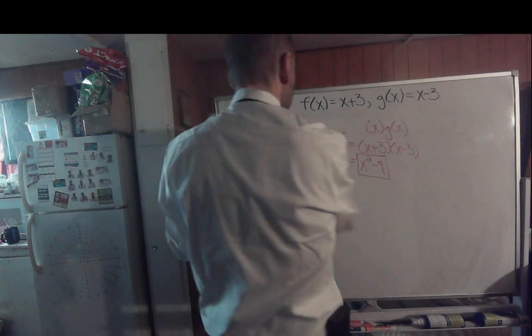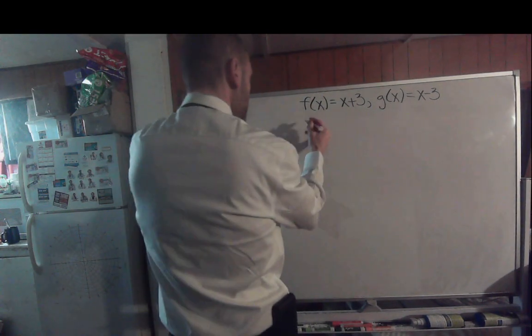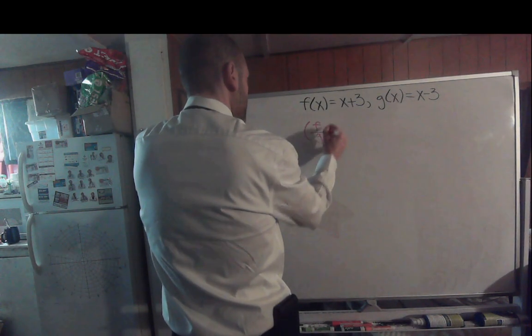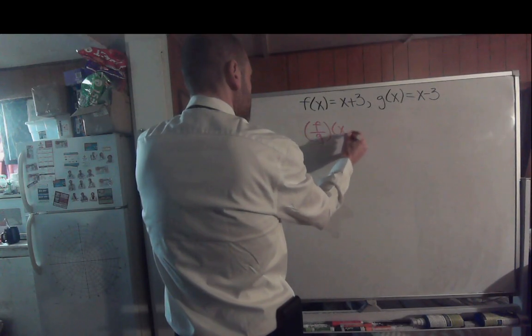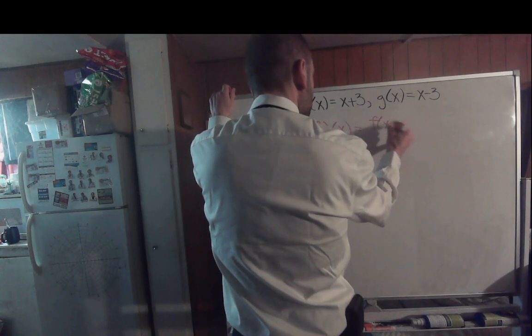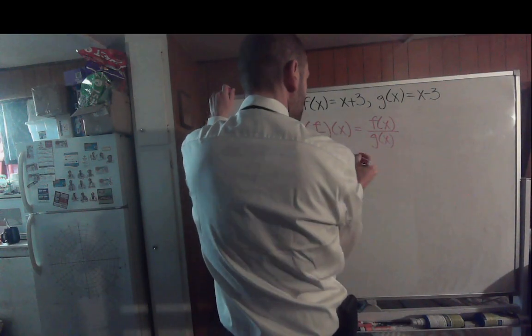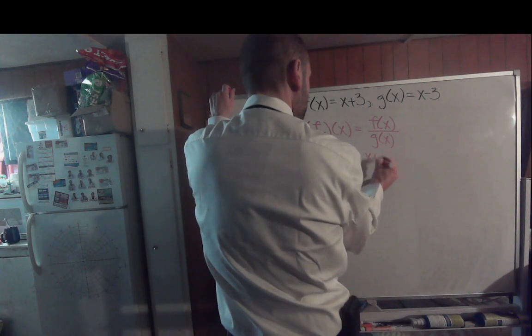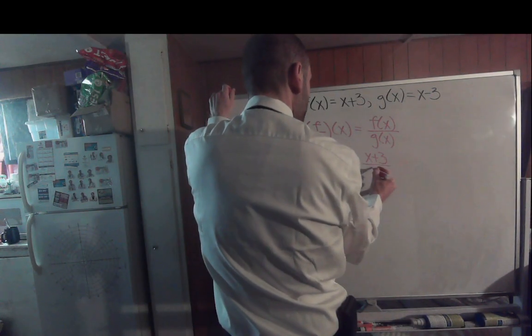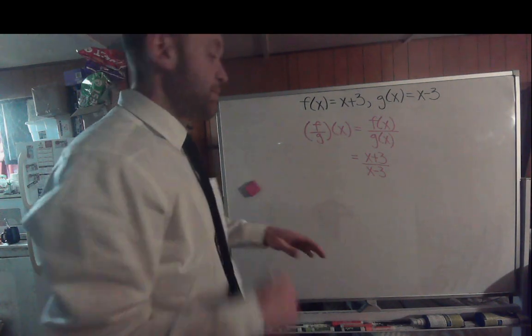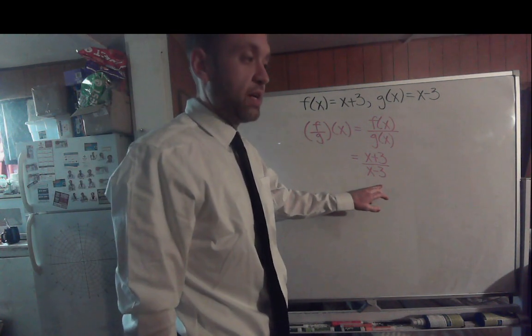And of course we can do f divided by g of x. That's simply going to be your f of x divided by g of x, which would end up being x plus 3 over x minus 3, with one caveat, that your denominator cannot equal 0.